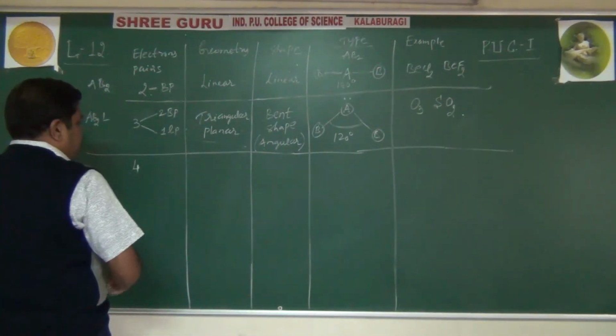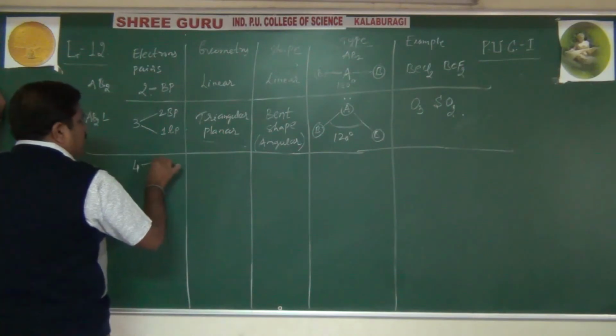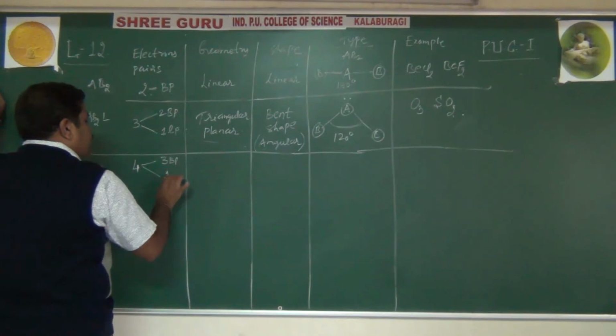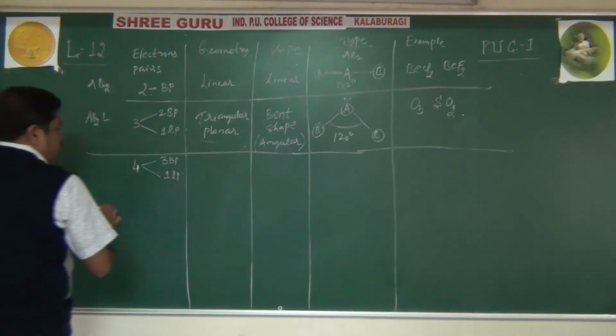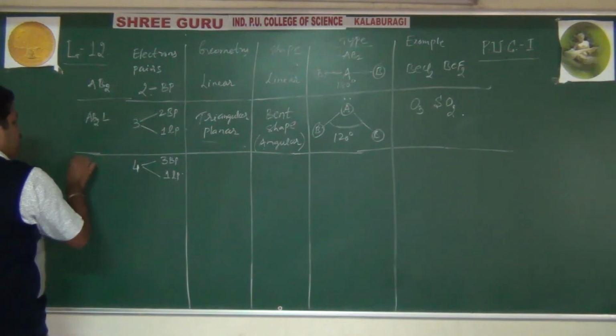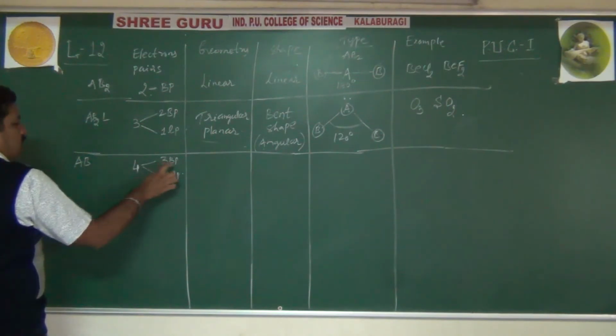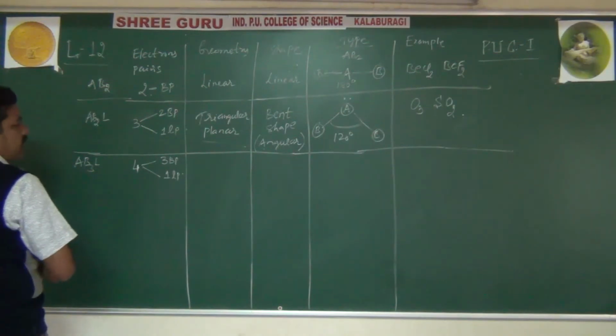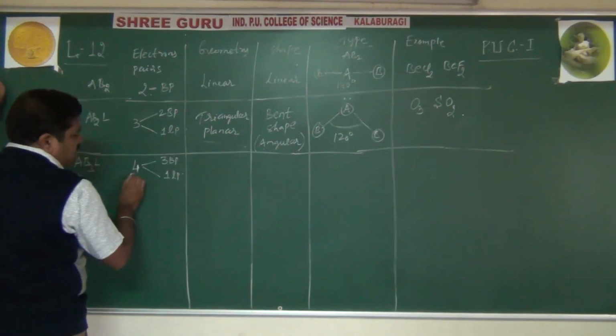Here we see 3 bonding pairs of electrons and 1 lone pair. This molecule can be classified as AB3L1. So the number of electron pairs is 4.